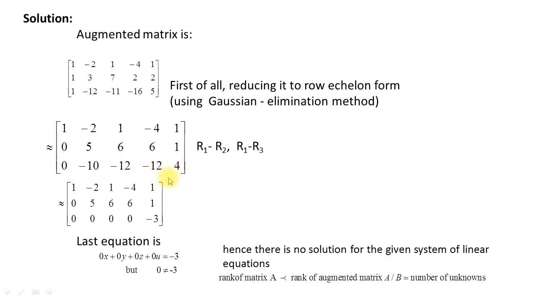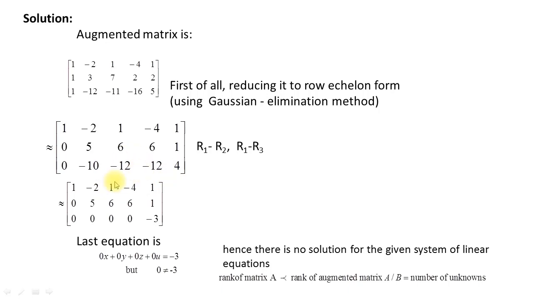Now another operation: multiplying the second row by 2 and adding the result to R3. 2 times R2 added to R3: 2 times 5 is 10, minus 10 plus 10 is 0; 2 times 6 is 12, 12 minus 12 is 0; 2 times 6 is 12, 12 minus 12 is 0.